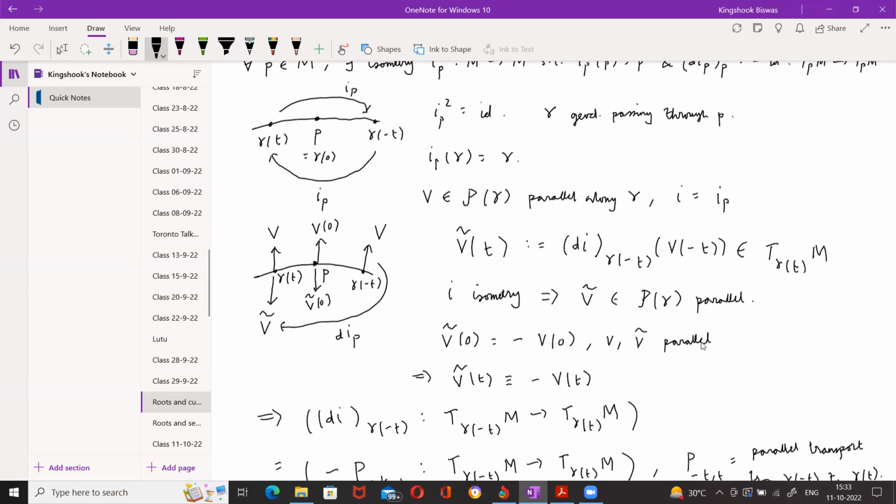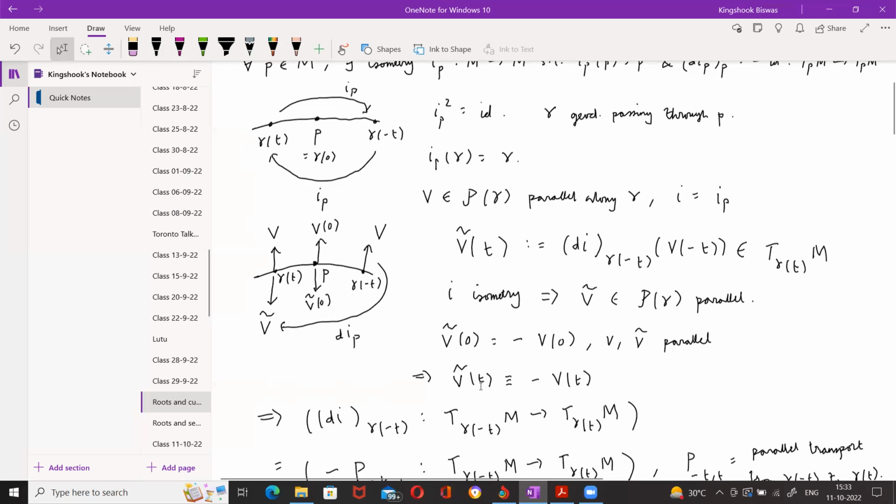By uniqueness of parallel transport, if two parallel fields agree at a point, then they agree everywhere. Is that clear? So that means V tilde is minus V for all t.